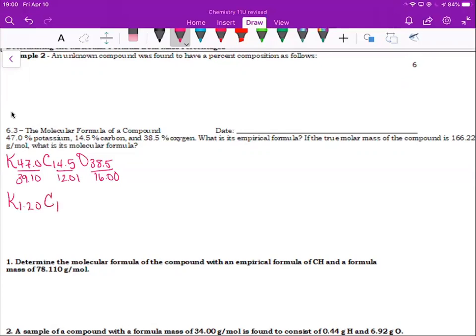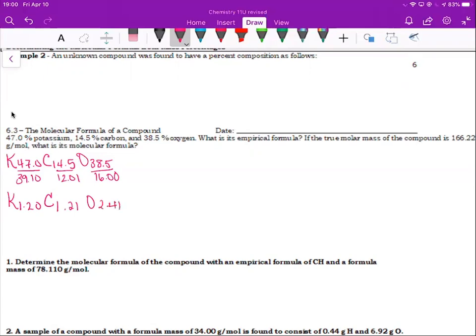Carbon is going to be 1 point something. 14.5 divided by 12.01, I get 1.21. And to be honest, 1.20, 1.21, I would say that they're the same. And then oxygen, 38.5 divided by 16 is 2.41.